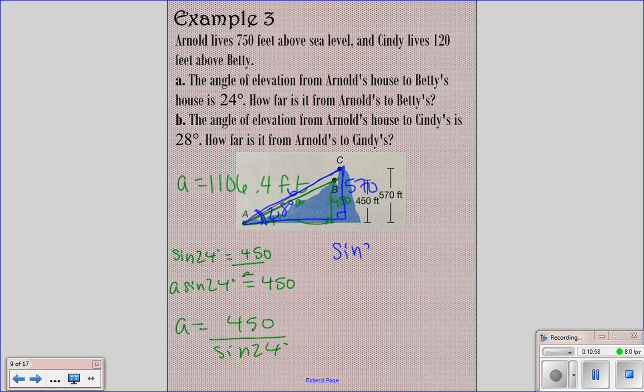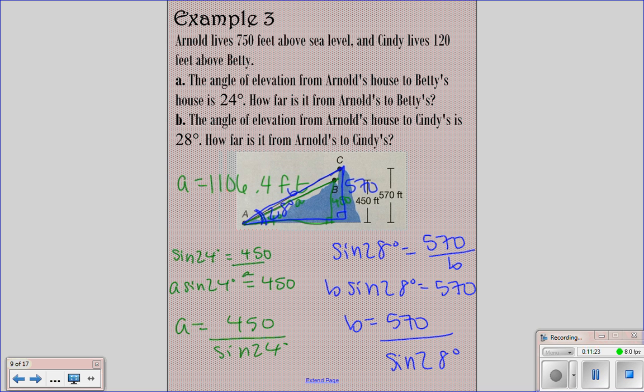The sine of 28 is 570 over your hypotenuse, which is b. So you're going to say b sine of 28 equals 570. And then you're going to divide by the sine of 28. So b is going to be 570 divided by the sine of 28 degrees.